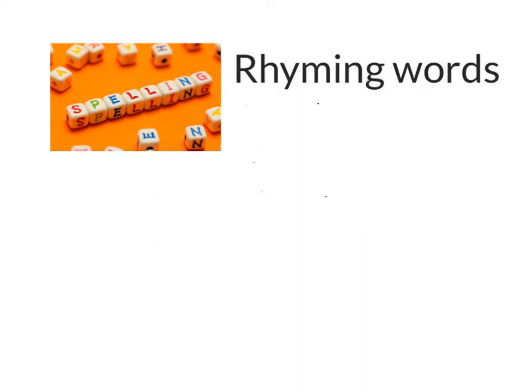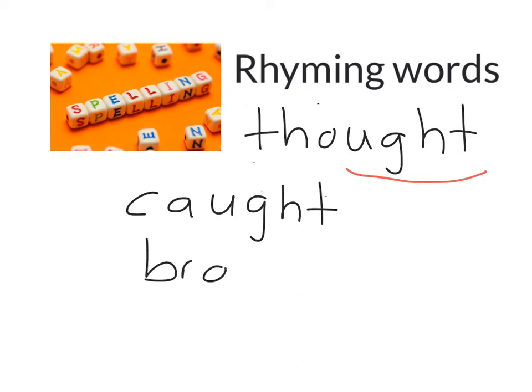And more complex examples might be if you know how to write thought, then you can use your knowledge of how to write the ought sound in that word to help you to write words like caught and brought.